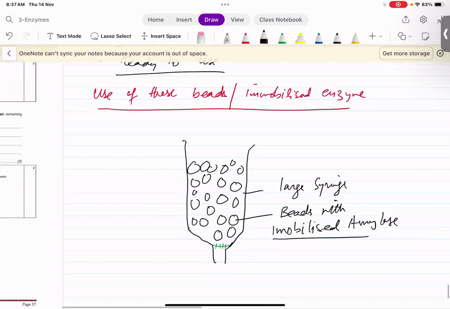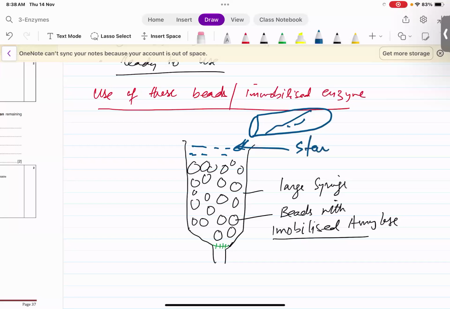If we pour starch solution into it, so this is starch solution poured into it. So this starch solution is filled into this large test tube and allowed to slowly move out of it.